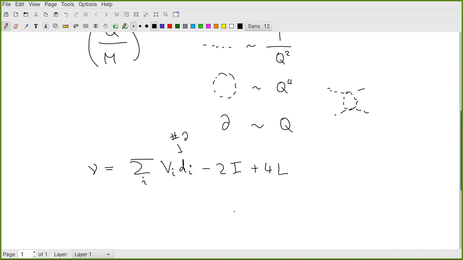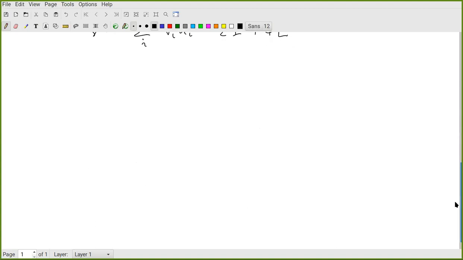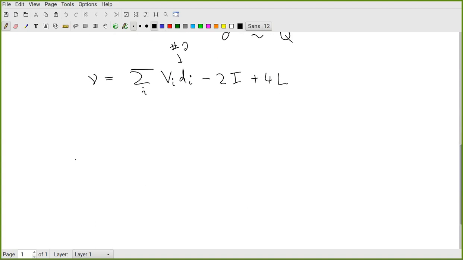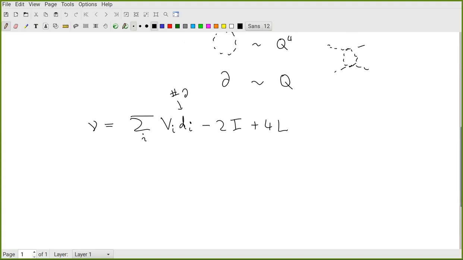Okay, this now is not so nice because it depends on the specifics of this diagram. So it's kind of hard to use this formula. You need to count the internal lines and so on. But there's a trick to rewrite this formula a little bit. There's a nice formula: if you have a planar graph, then there's a relation between the number of internal lines, the number of vertices, and the number of faces or closed loops.